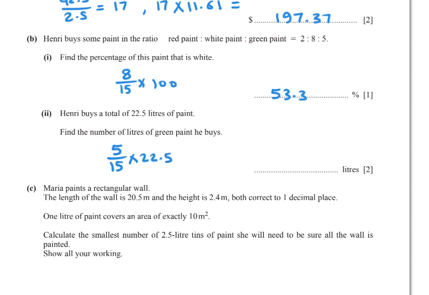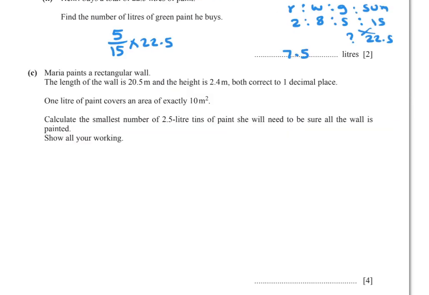Or you can write the ratio red to white to green equals 2 to 8 to 5, and their sum is 15, and we know that the sum is now 22.5. Now you can find green, cross multiply, you get the same answer, equals 7.5.